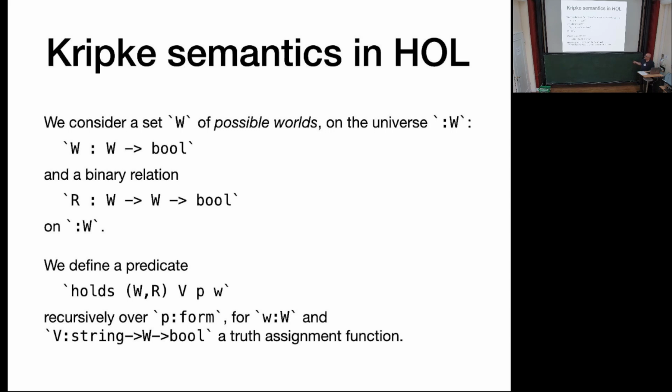And we define a predicate which takes a frame, so a pair W, R, an evaluation function, so a truth assignment function, a formula P, and a world W. V is the truth assignment function, which takes a string, the name of the atom, and an element W of the type of worlds, and gives you a boolean, which says if the atom is true or false.